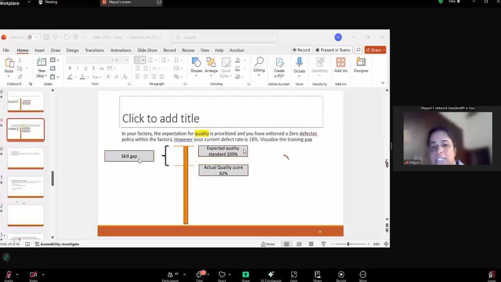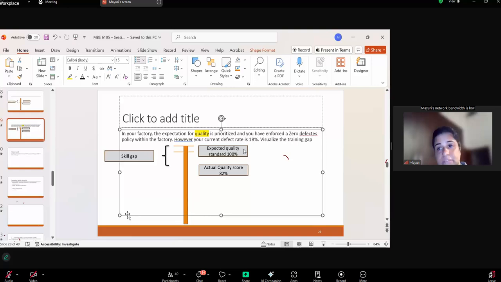Then we have to check whether this gap has been bridged, whether the gap is still the same, and if it is bridged, how much it has been bridged.